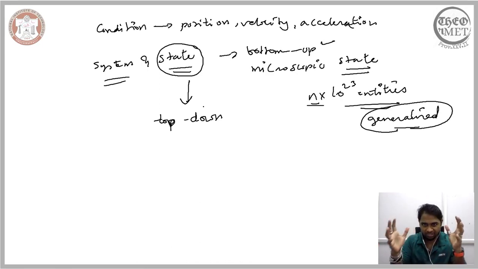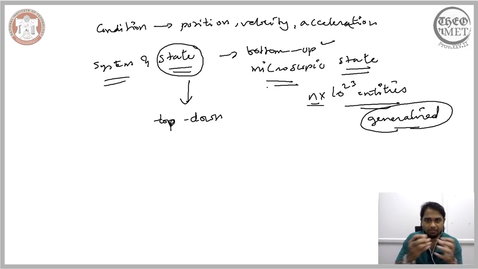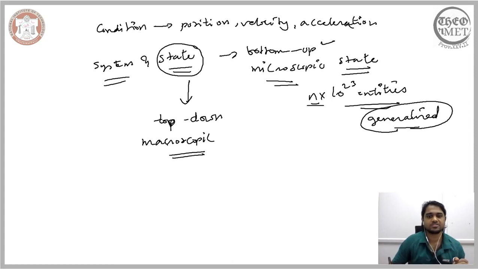We can treat this system as it is, in the macroscopic scale. As opposed to the microscopic, where we break down and look into individual particles and entities, we consider the system in its macroscopic scale, the scale that is perceivable to us.